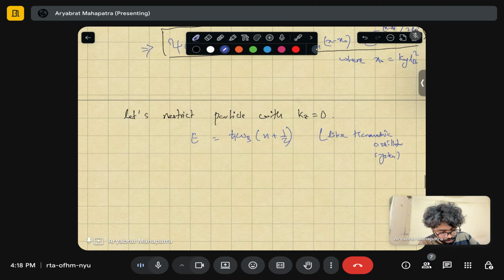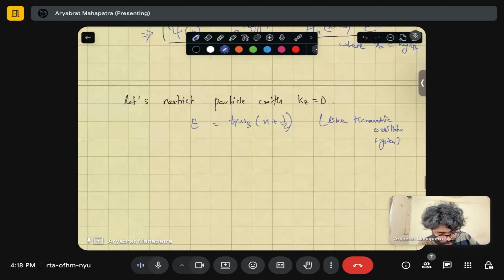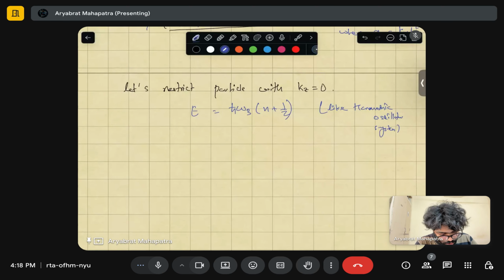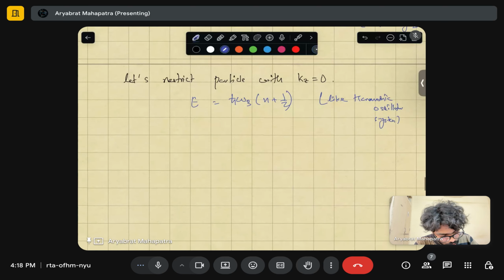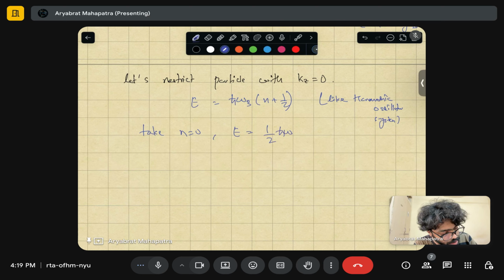So what you find here, let's take n equals to 0. So your energy is half h bar omega_b.